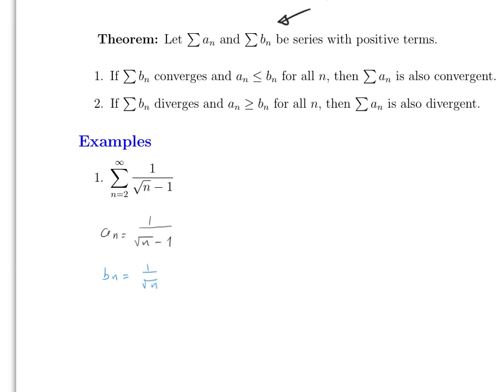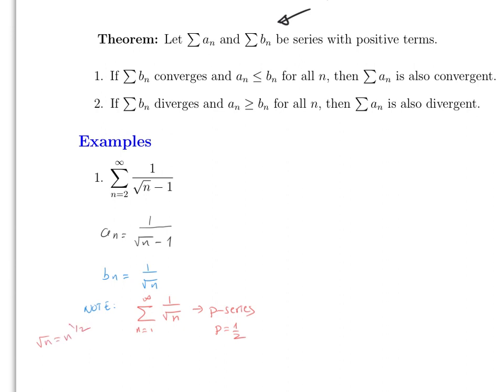Why did I choose that? Because I can already see that this is very similar to this, and I already know this is divergent. Why? Note, if you have this series from n equals 1 to infinity, this is technically a p-series where p is equal to 1/2, because the square root of n is equal to n to the 1/2.